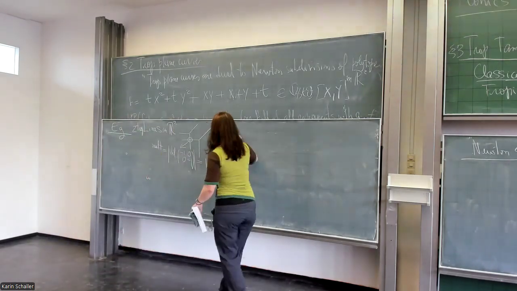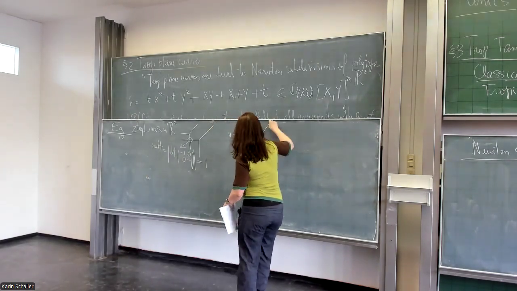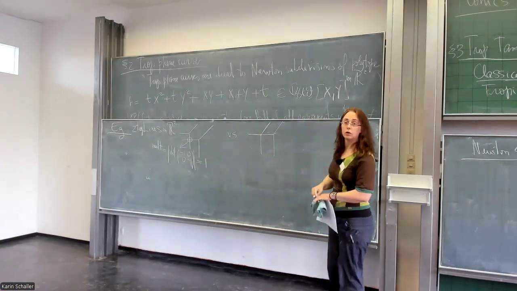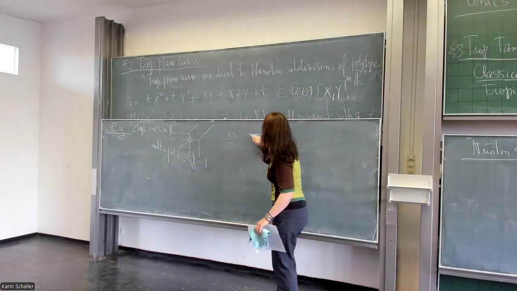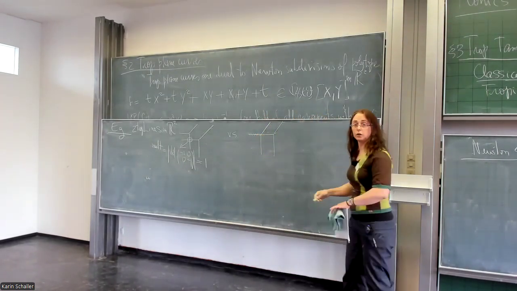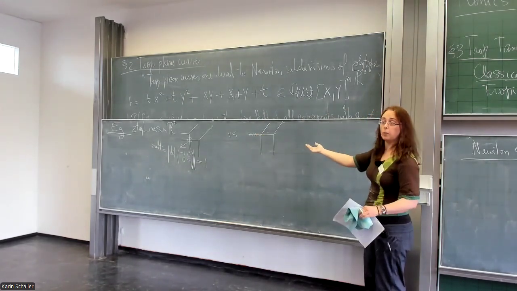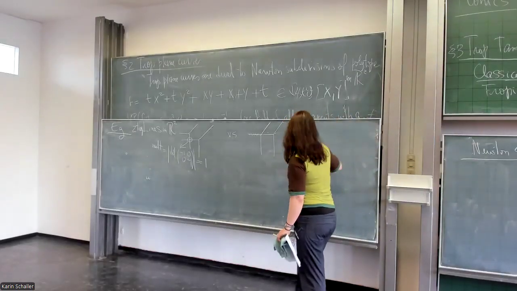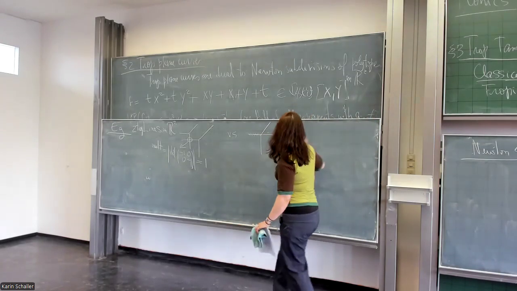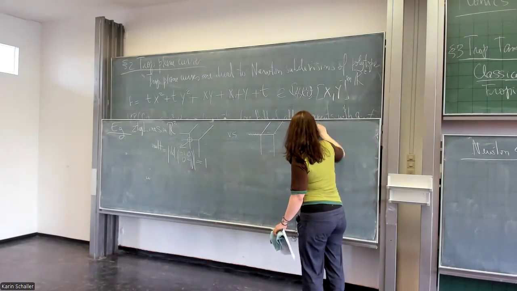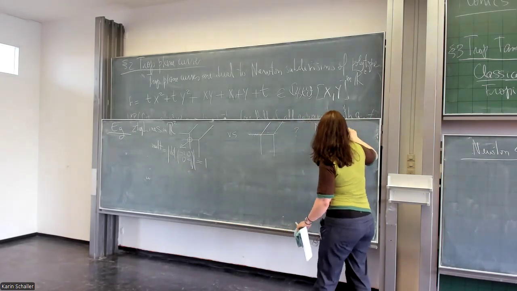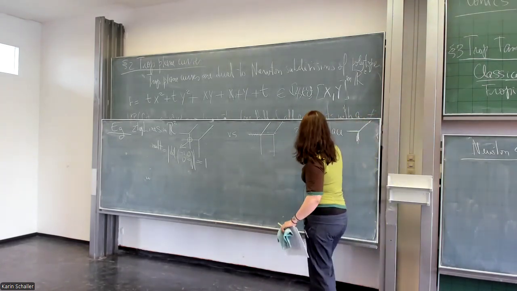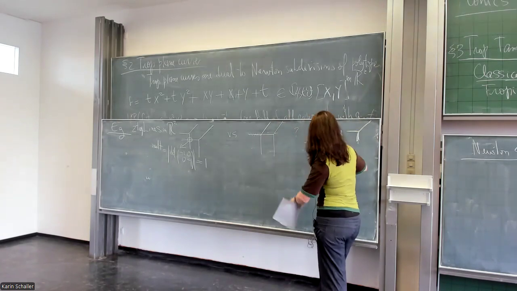Now, maybe I pick my lines to be non-transverse, so maybe they overlap along a ray. And so now what do I do here, right? So this will be the set-theoretic intersection, but lines should meet at one point, not in infinitely many. So how do I go about this? Well, we can just say, let's just move it a little bit. So take one of the lines, maybe let me keep the green, and perturb it to a transverse picture.